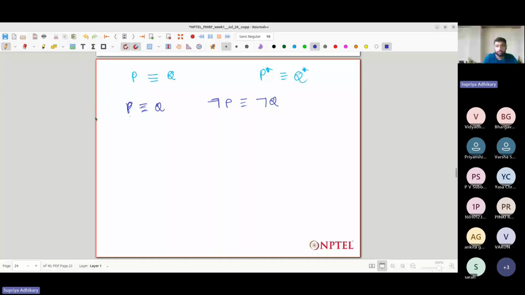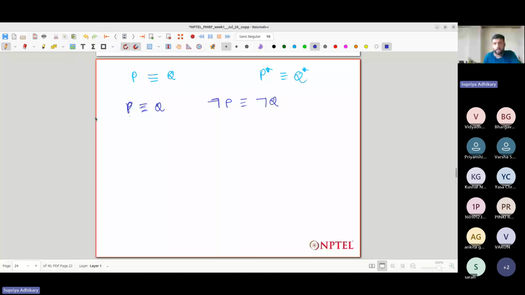We can say that if P and Q are logically equivalent, then the negations of these propositions should also be logically equivalent. Now, what is that? Okay, so we have a proposition like this.